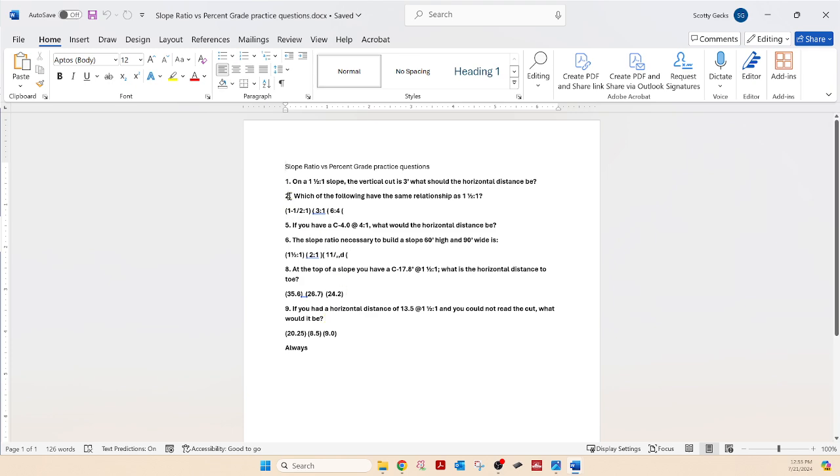So look at number one. I'm calling this slope ratio versus percent grade practice questions. If you've got a piece of paper, this is an opportunity for you. On a 1.5 to 1 slope, the vertical cut is 3 feet. The vertical is 3 feet.